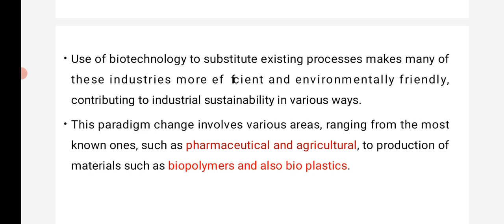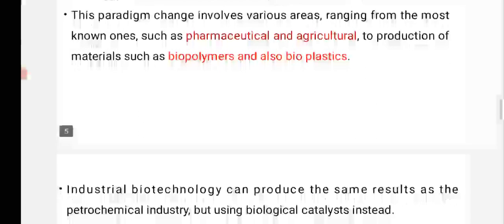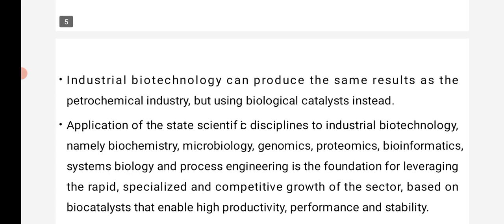This paradigm change involves various areas, ranging from the best-known ones such as pharmaceutical and agriculture to the production of materials such as biopolymers as well as bioplastics. So the most important ones are pharmaceutical and agriculture, and then the production of materials such as biopolymers and bioplastics.